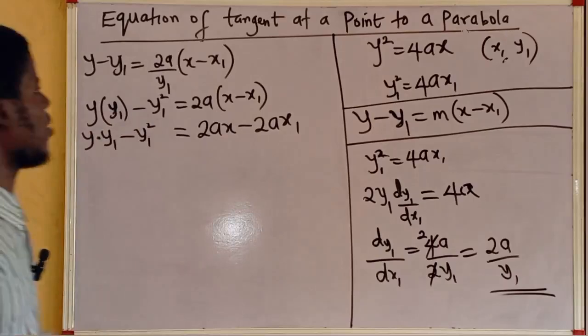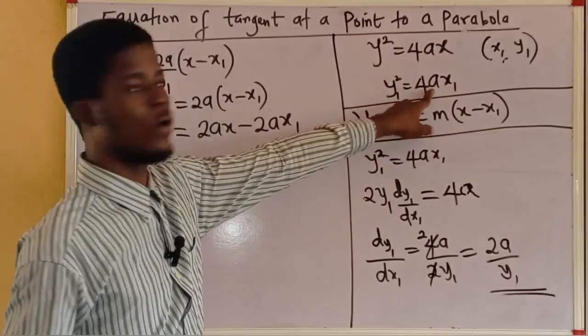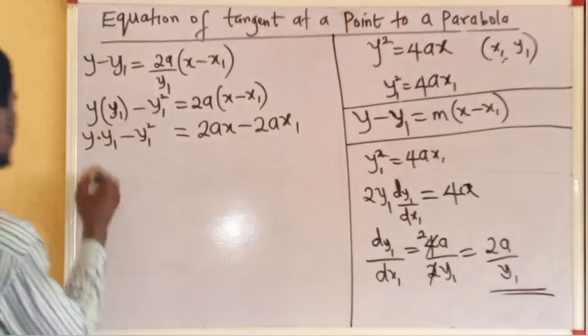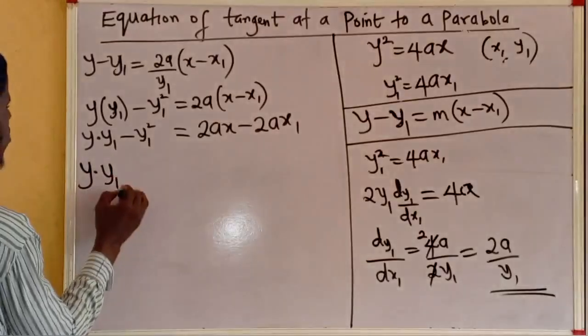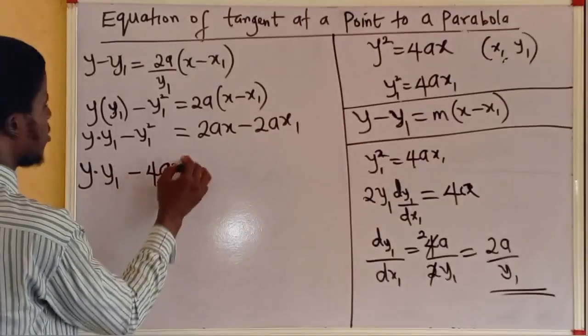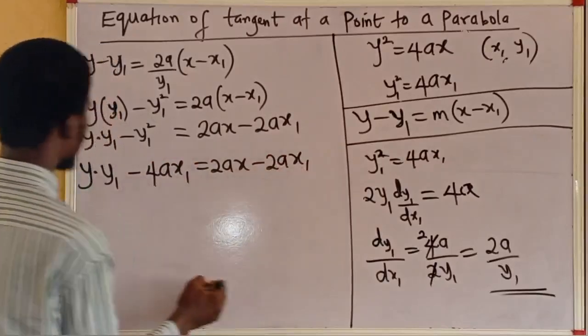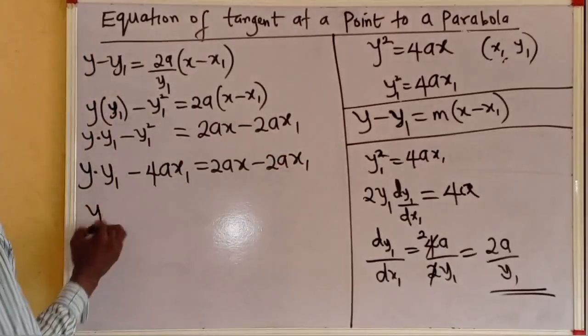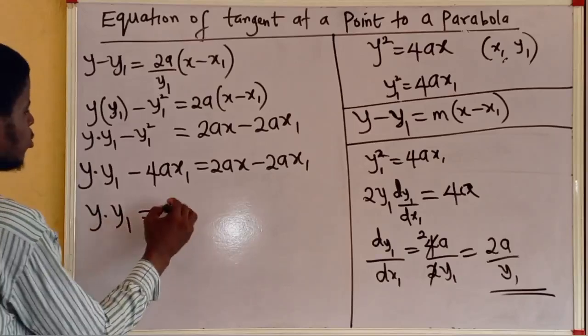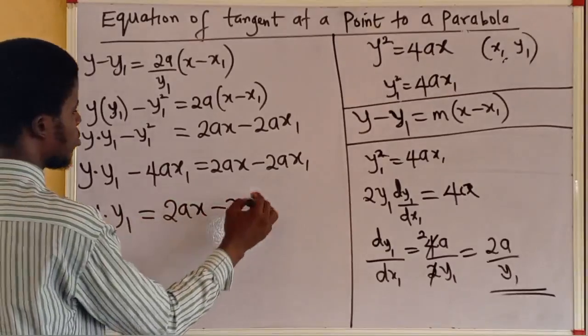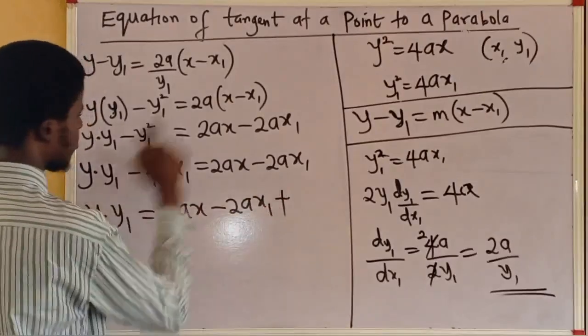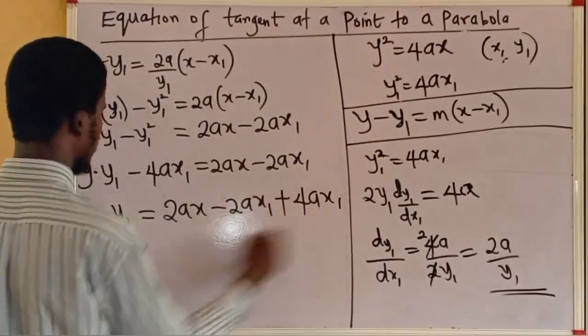Now, remember, what is y1 squared? 4ax1, right? So, y times y1 minus 4ax1 equals 2ax minus 2ax1. So if this crosses, we have y times y1 equals 2ax minus 2ax1 plus 4ax1.